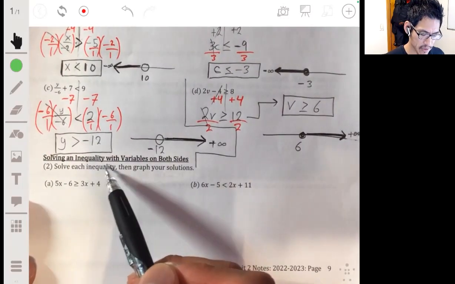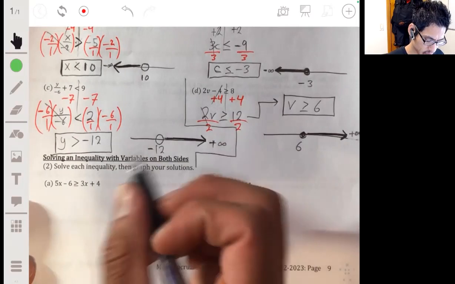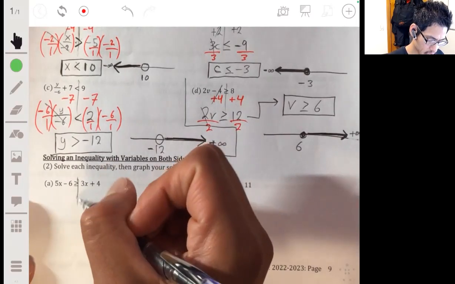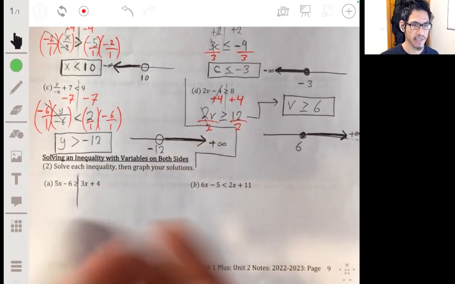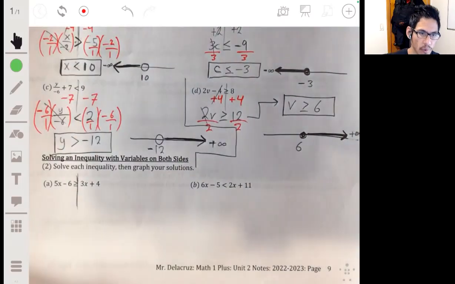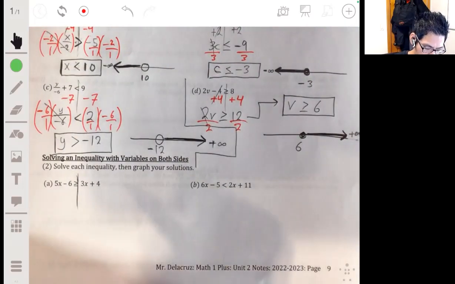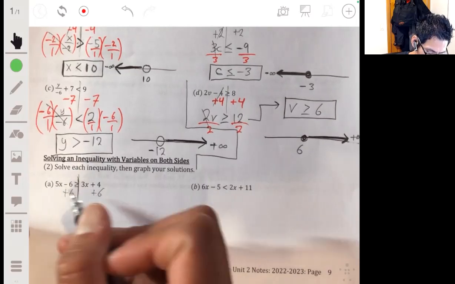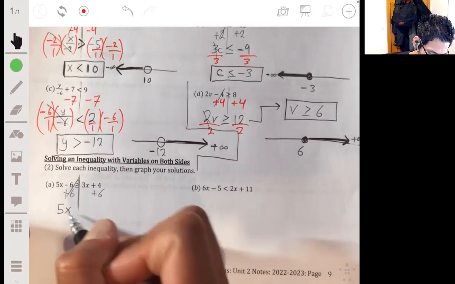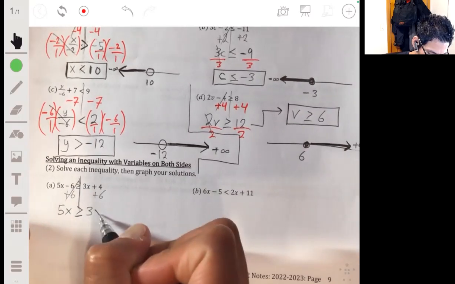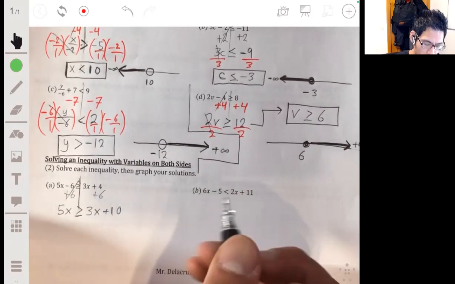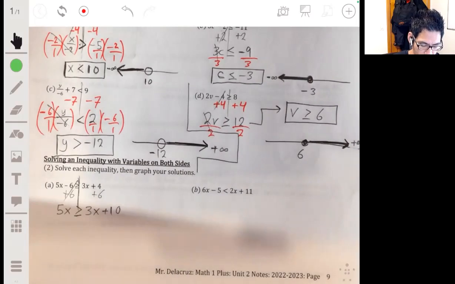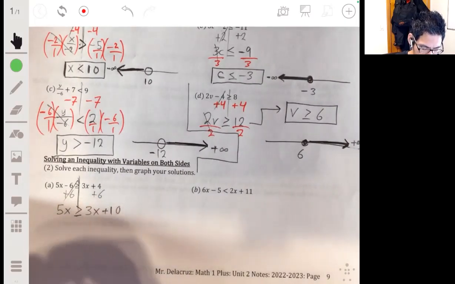Oh, inequalities with variables on both sides. Don't be scared, guys. Just like an equation, just some more work, more math. So let's start off by adding 6 to both sides. 5x is greater than or equal to 3x plus 10. Then let's take away 3x from both sides.